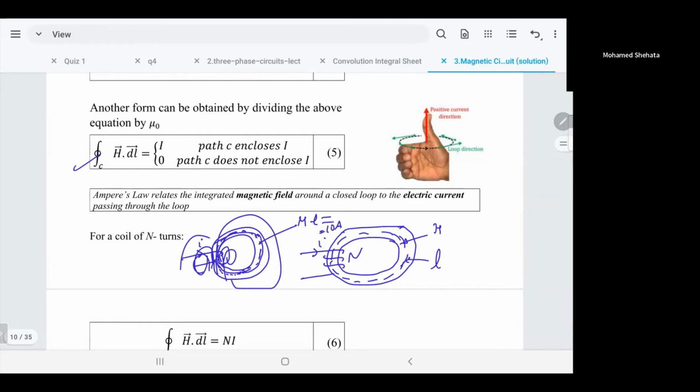So actually H times L here will equal 30 amperes, because each coil produces magnetic field. The second one, the same amount, because the same current, and another 3 times. So you can say now HL is equal to the number of turns N times I, when the coil has many turns.